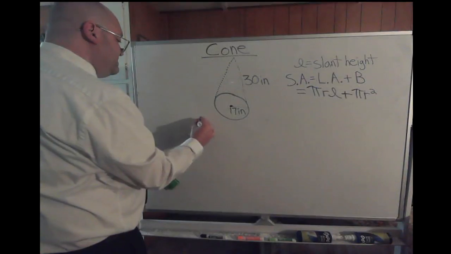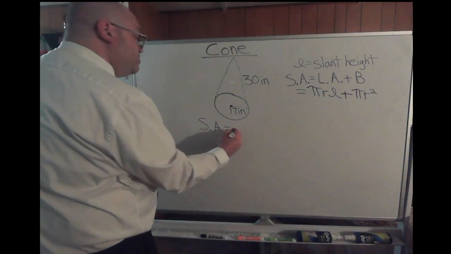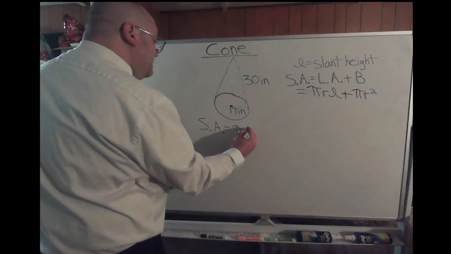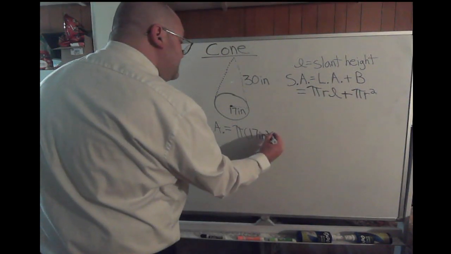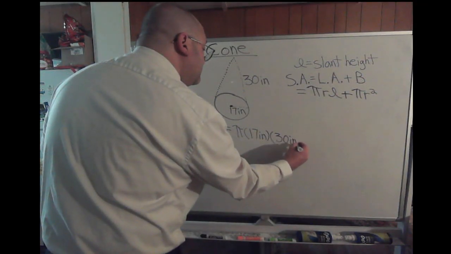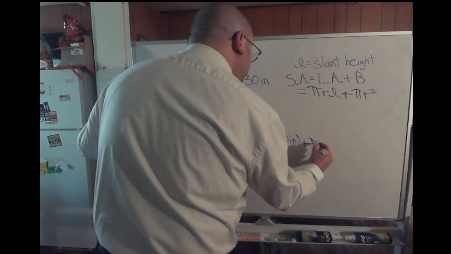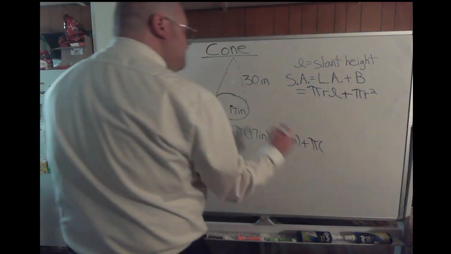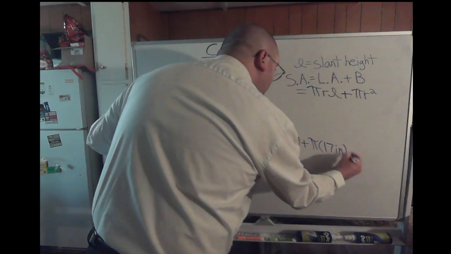So the surface area is going to be equal to pi times that radius of 17 inches times that slant height of 30 inches, plus pi times that radius of 17 inches to the second power.